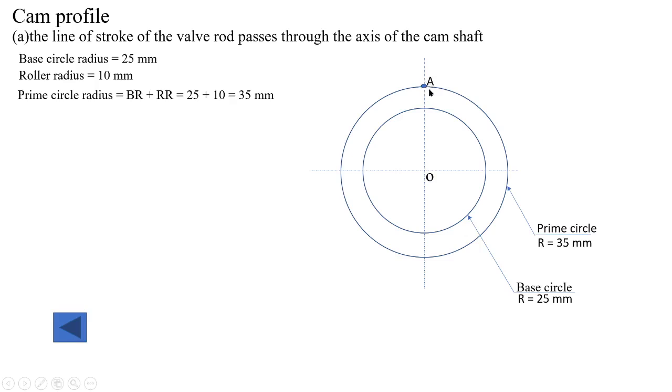So this point A represents the initial position of the roller center. Now with A as center and radius equal to 10 millimeter, draw the starting position of the roller follower.